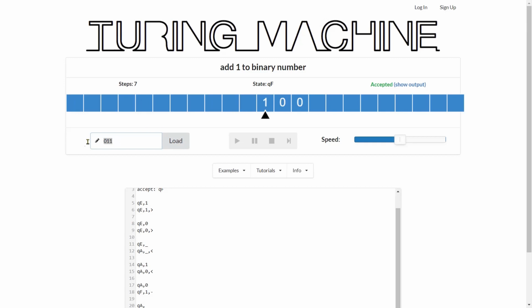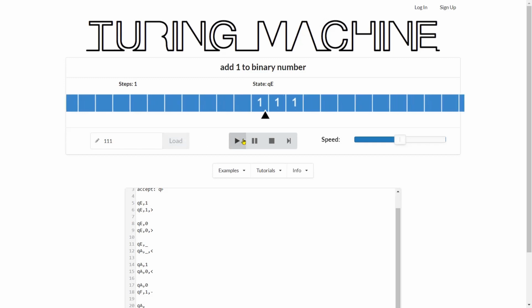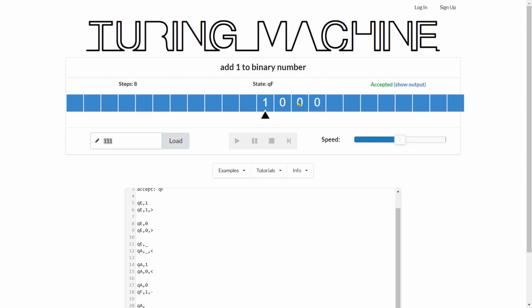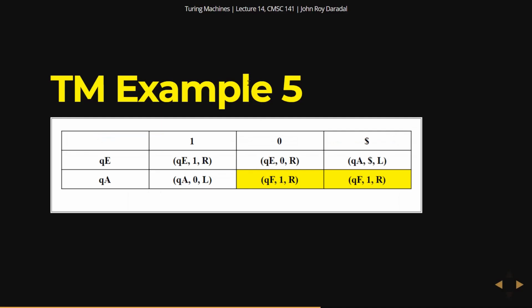Now what if it's 1, 1, 1? Go to the end of the string, go back to the left, 0, 0, 0, and then the blank will be turned into 1, and then we stop. So from 1, 1, 1, it became 1, 0, 0, 0 when we added a 1 to it. Okay, so pretty straightforward, right? So that's it.